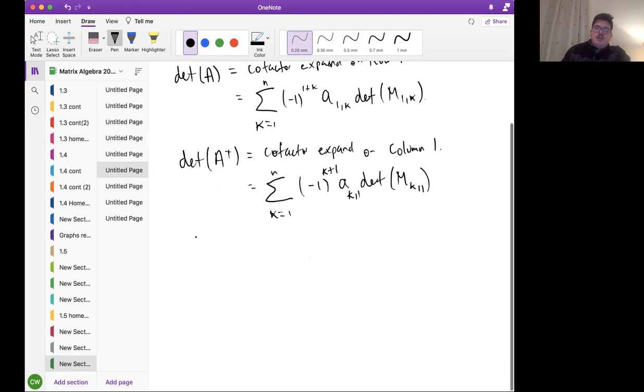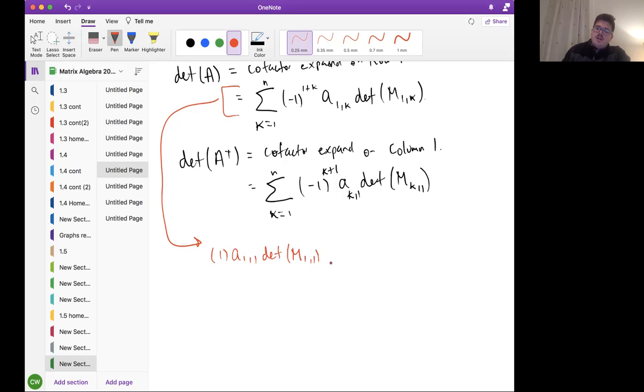Okay, so if we write that out, let's write this one out. When we plug in k equals 1, it's going to be 1 times a11, determinant of m11, and then it's going to be a minus sign. The signs will alternate.